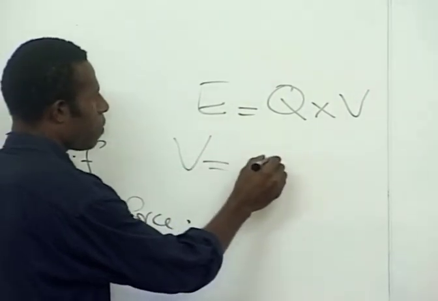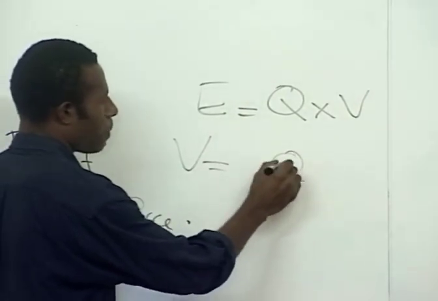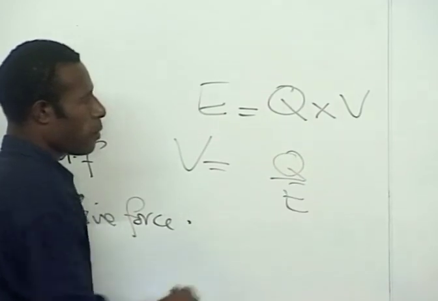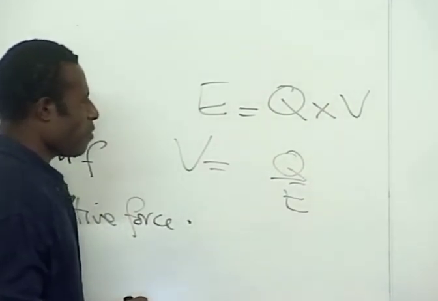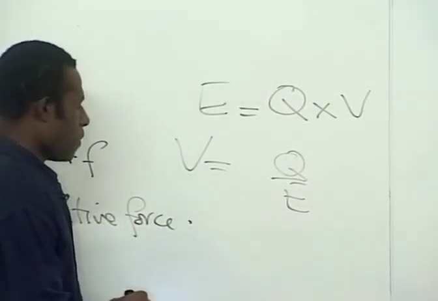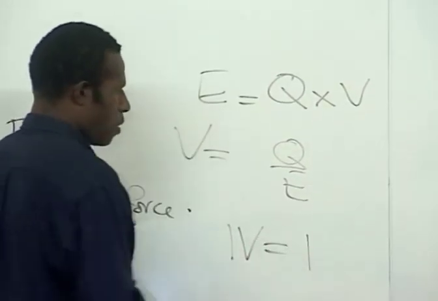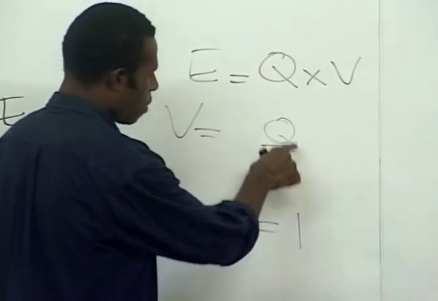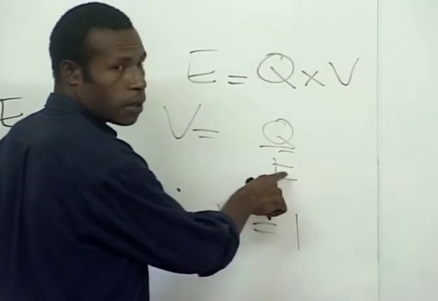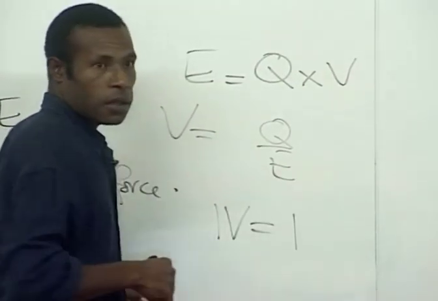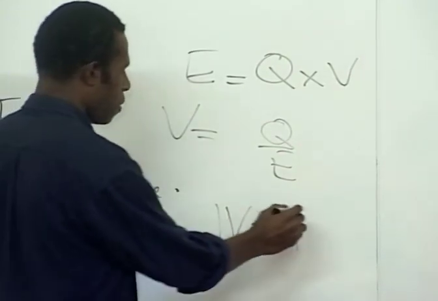So V equals E over Q. And then 1 V simply means that 1 joule of energy is given to 1 Coulomb of charge.